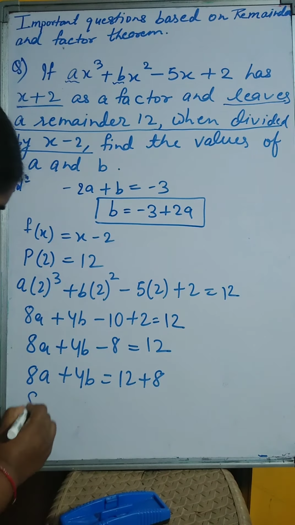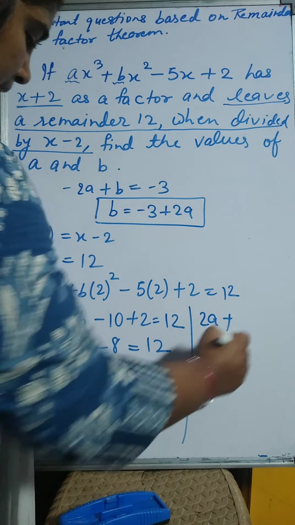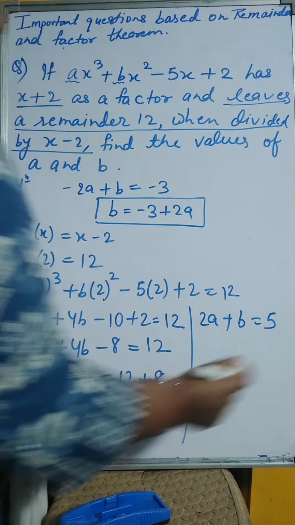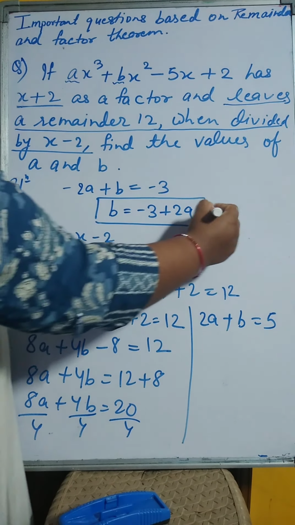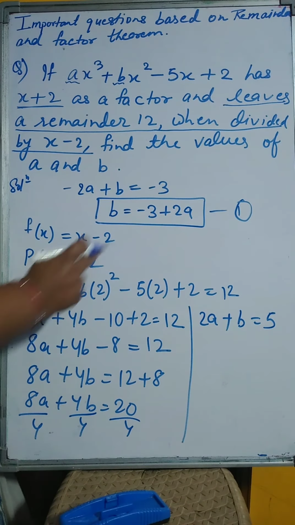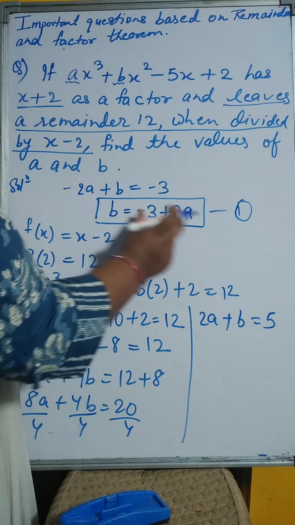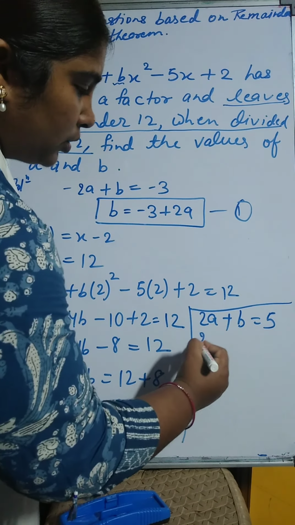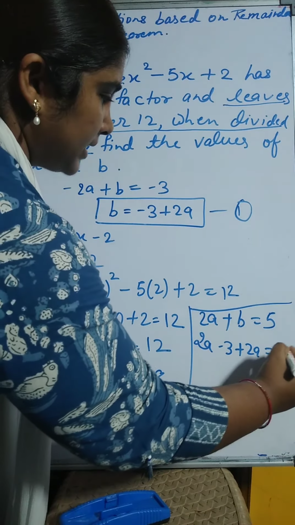So you have 8a by 4 will be 2a, plus 4b by 4 is b, is equal to 5. Now in place of b we will put the value which we have calculated in the previous equation, minus 3 plus 2a. When you put this value of b, which is in terms of a, in this equation, you will have 2a minus 3 plus 2a is equal to 5.